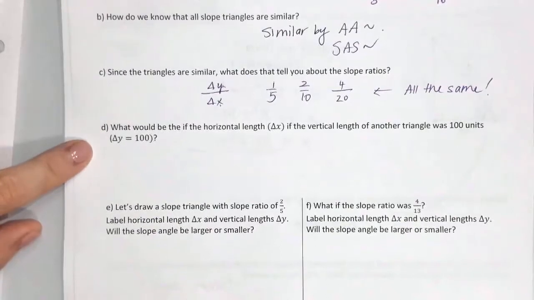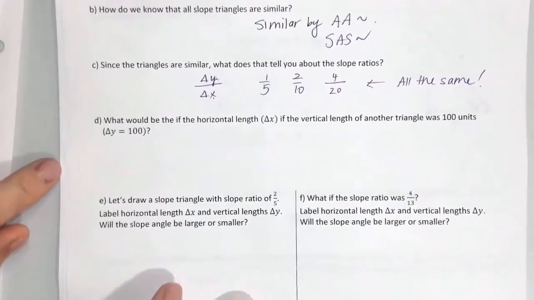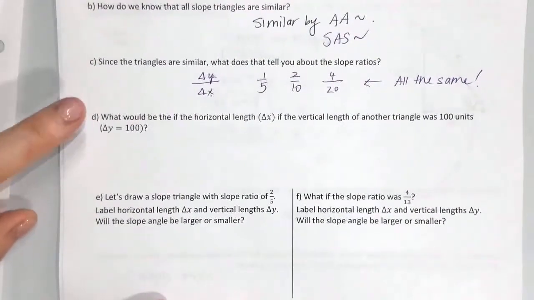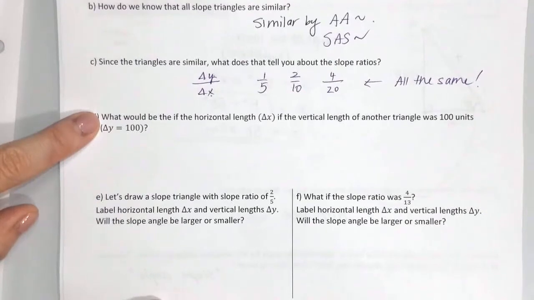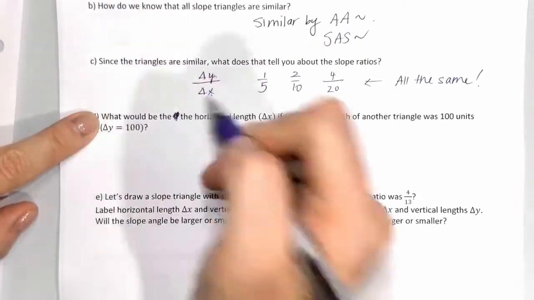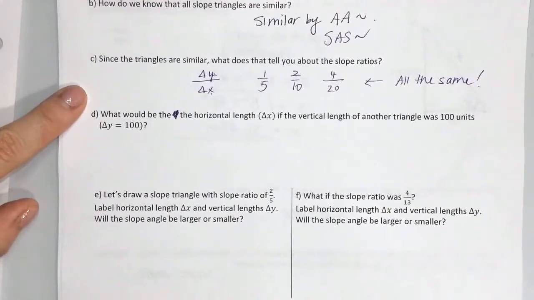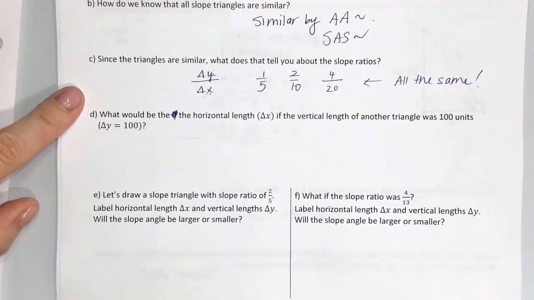So then part D, I definitely want you to pause the video to try this on your own. But the question is, what would be the horizontal length if the vertical length of another similar triangle was 100 units? Try this on your own, come back to check.